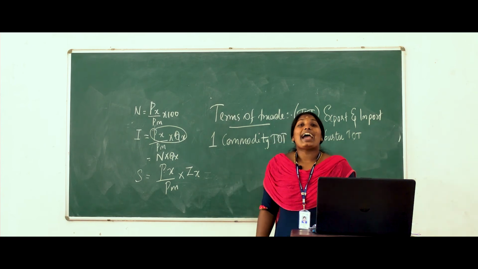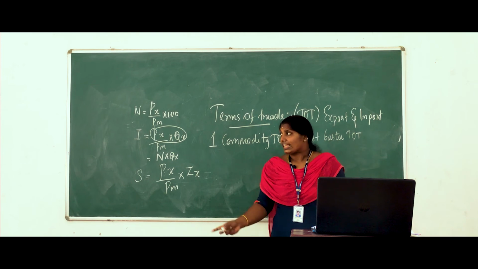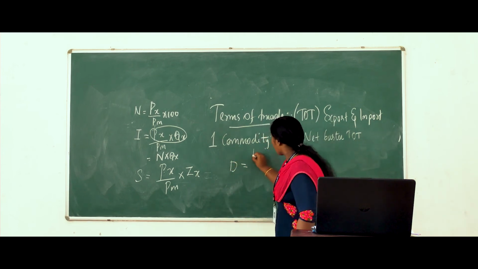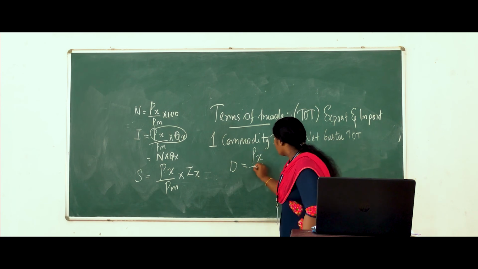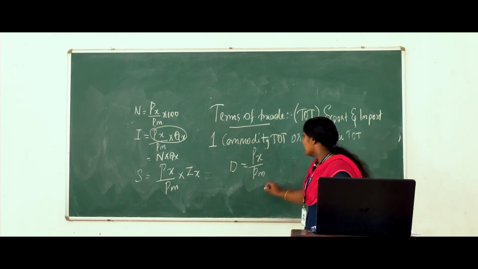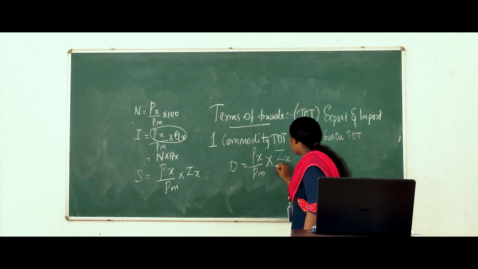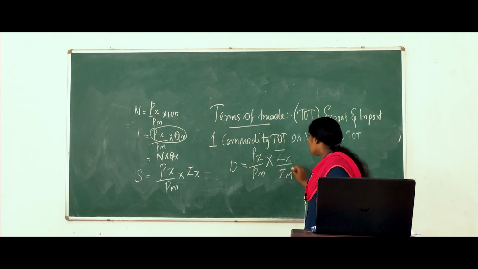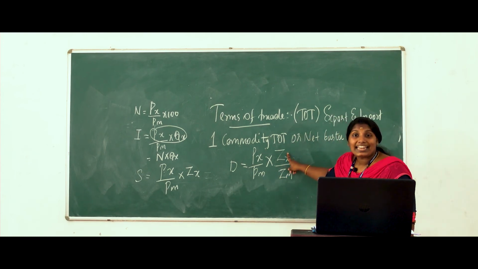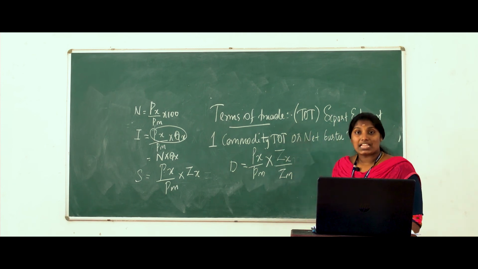It is denoted by D. D is equal to Px by Pm, the net barter terms of trade, multiplied by Zx divided by Zm, where Zx is the export index and Zm is the import index.